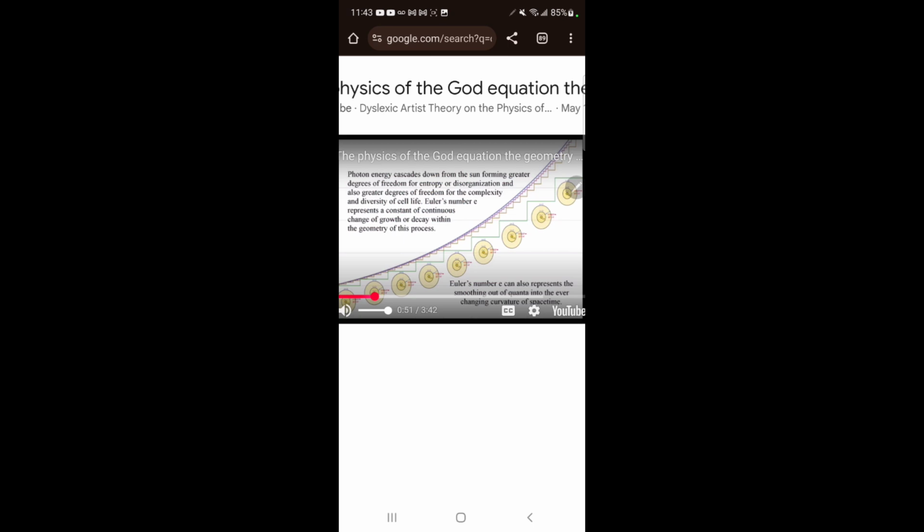Euler's number E represents a constant, a continuous change of growth or decay within the geometry of this process. Interesting. E. I-E. Wow. The I before the E except after C. So, Christ. I-E.